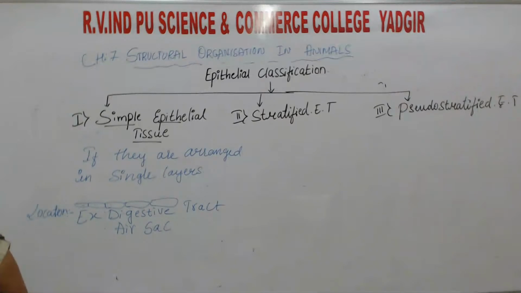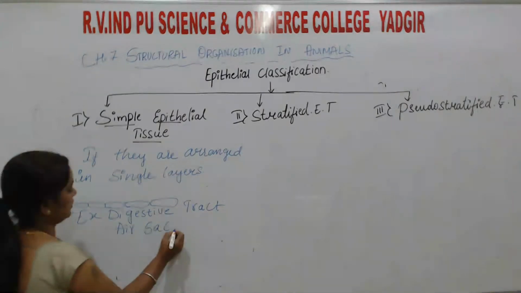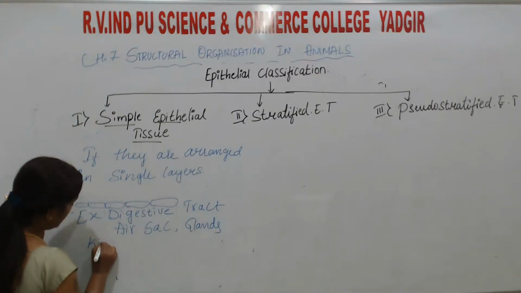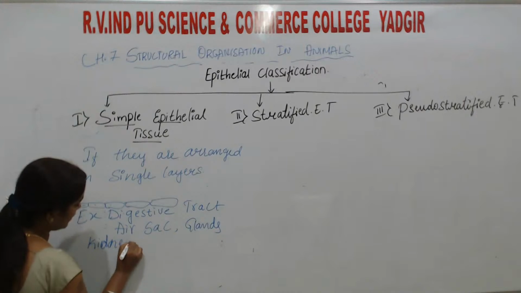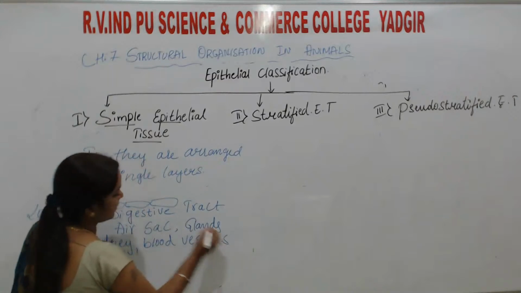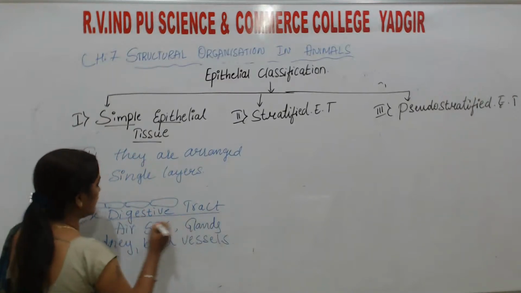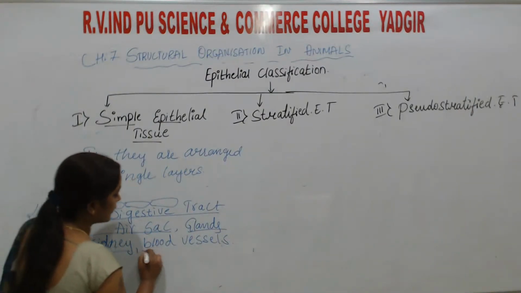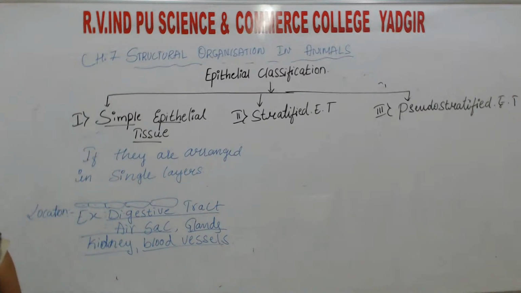Then air sacs of lungs, glands, kidney, blood vessels, etc. They are seen in these locations: digestive tract, air sacs of lungs, glands, kidney, blood vessels. Many glands, kidney, blood vessels are made up of simple epithelium.